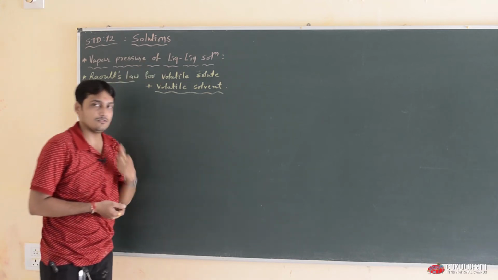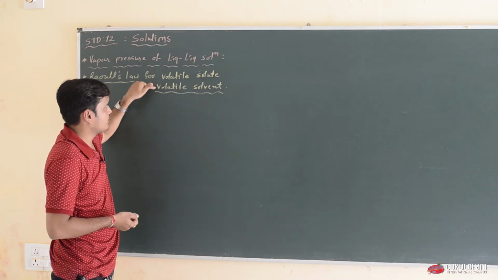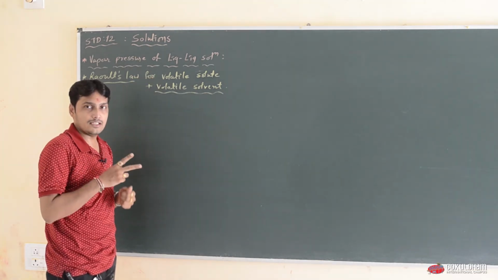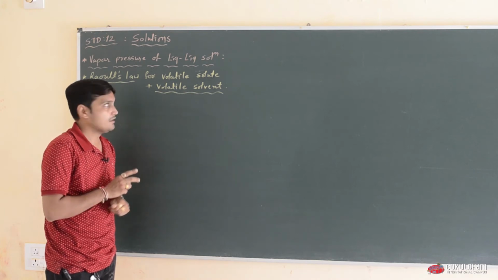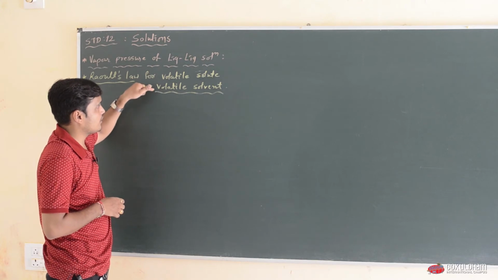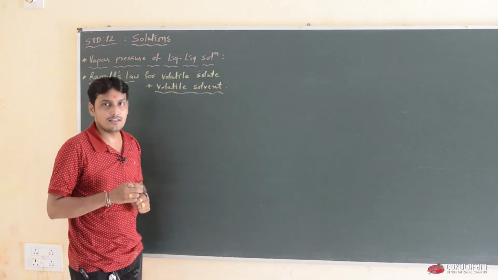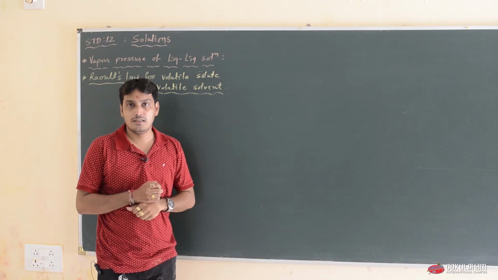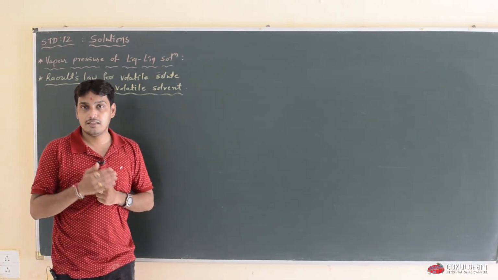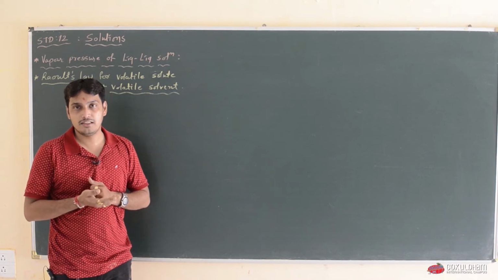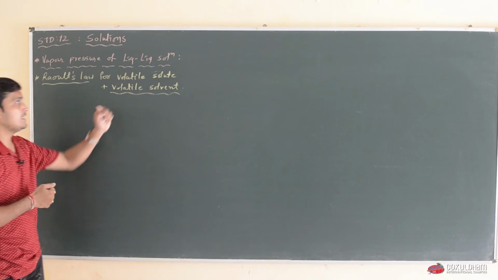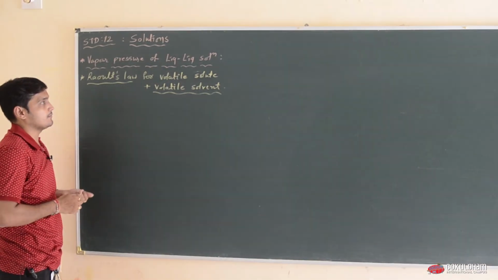We can also say that both components are in the volatile category, so both are in a liquid state. In this category, when solute and solvent are both in the liquid phase, the variation takes place according to the graph, that is called positive deviation and negative deviation. We will discuss this in a later portion.